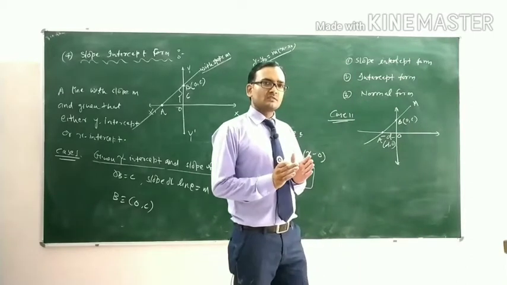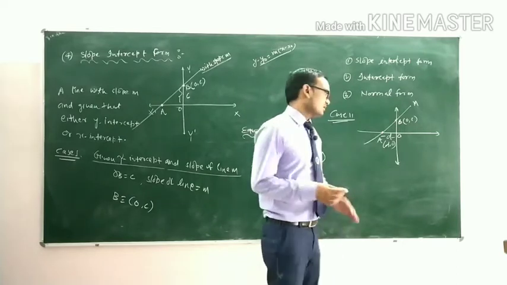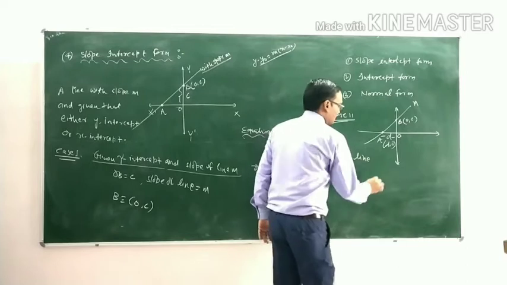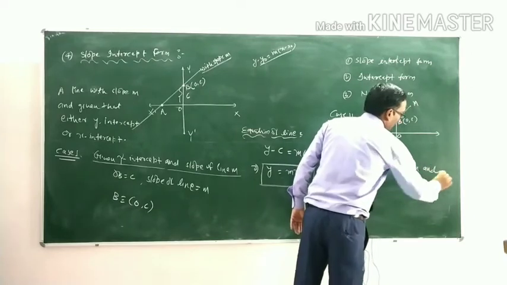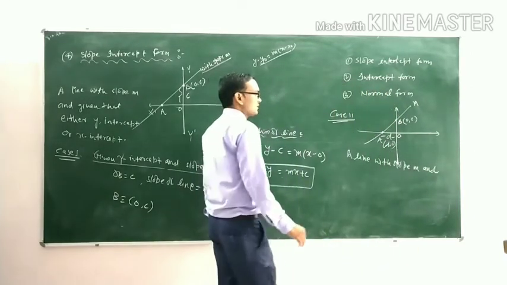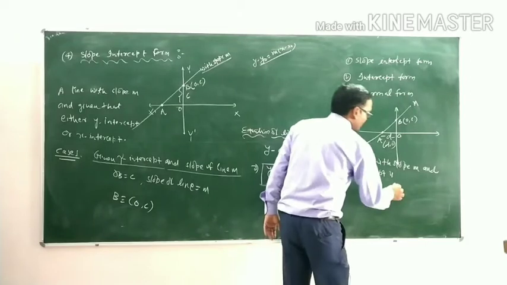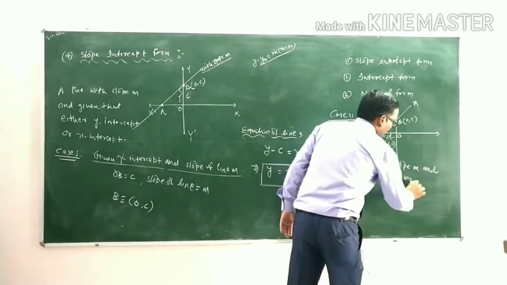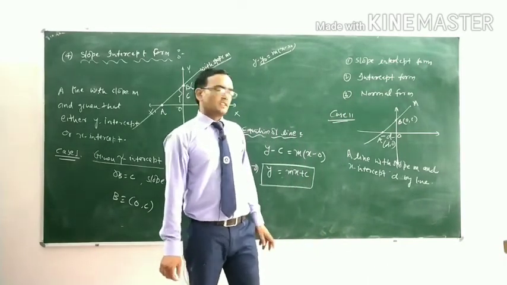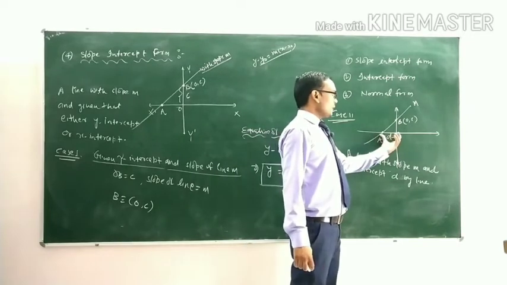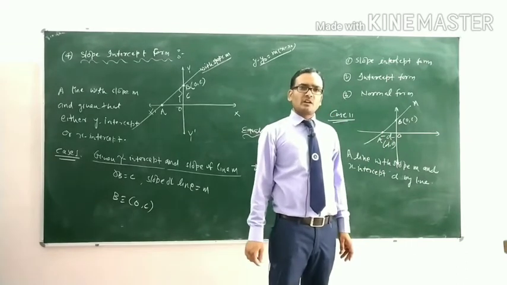If given a line with slope m and x-intercept d, then we find the equation of the line. Here, given that OA equals d, the coordinate of point A is (d, 0).